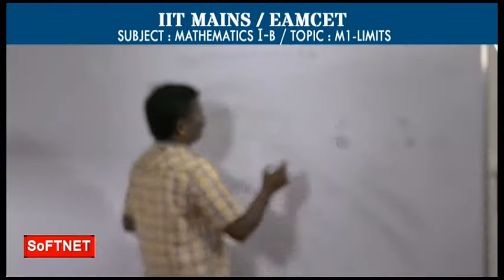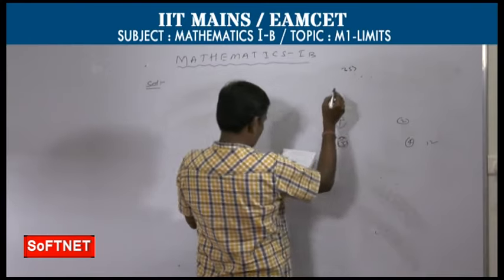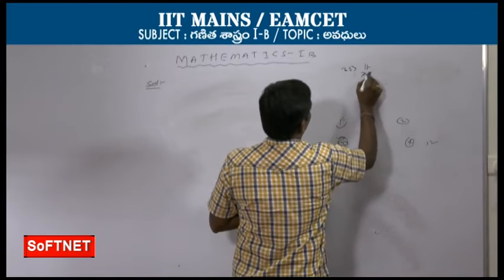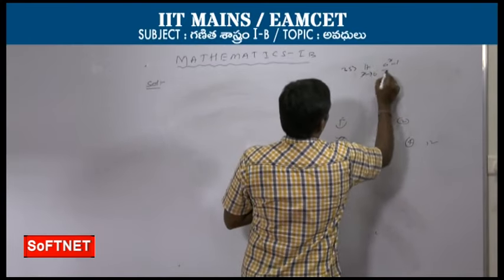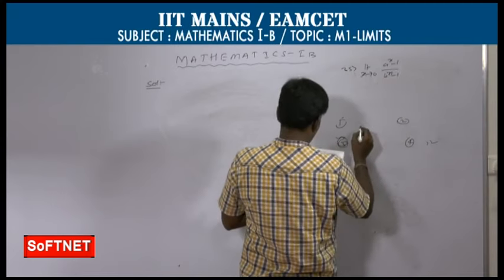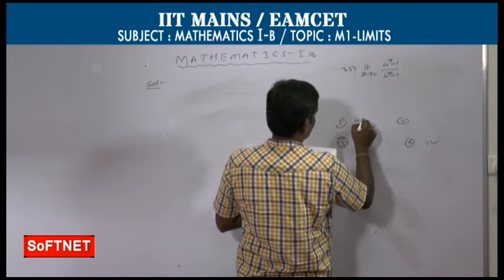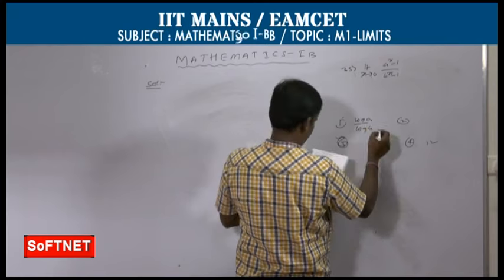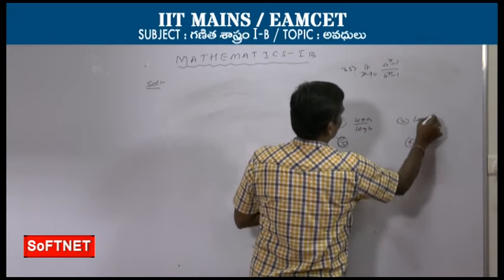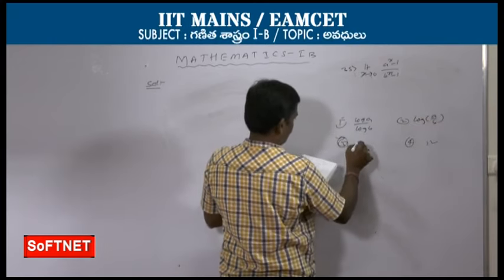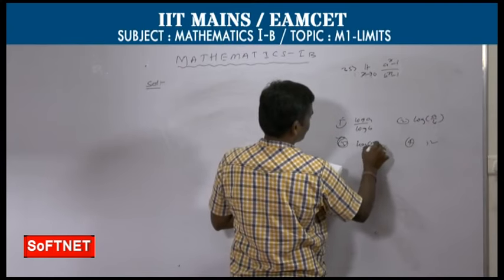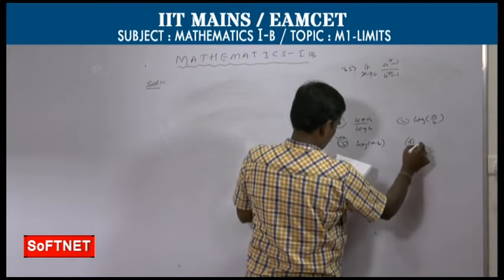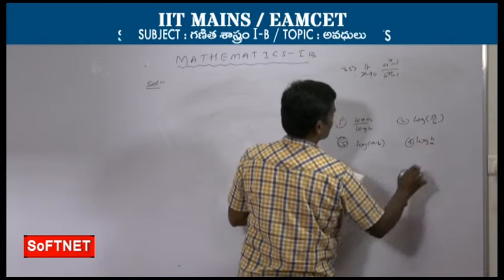Next question, 35th question. Limit as x tends to 0 of (a power x minus 1) by (b power x minus 1). The options are log a by log b, log of a by b, log a minus b, log b to the base a.